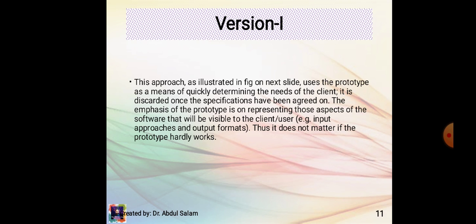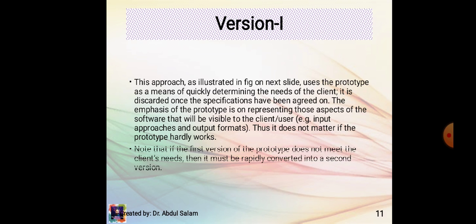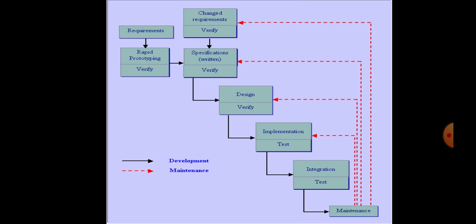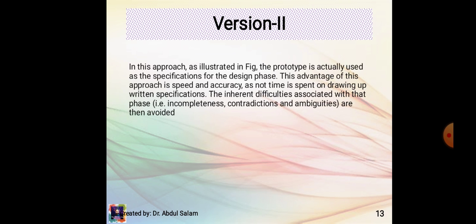The emphasis of the prototype is on representing those aspects of the software that will be visible to the client or user. Thus, it does not matter if the prototype hardly works. Note that if the first version of the prototype does not meet the client's needs, then it must be rapidly converted into the second version. Version 2.